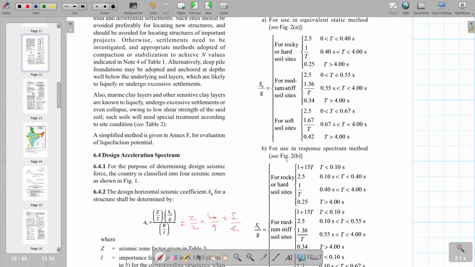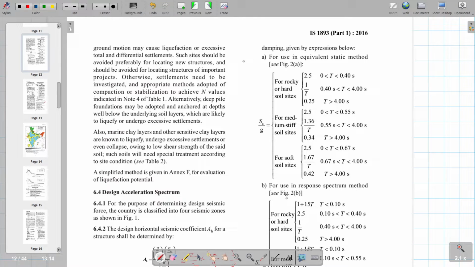On this page you will see these two parts, A and B. The B part is for the response spectrum method. We are not looking at this because we are following the equivalent static method, and we will see this only, because our site is medium stiff soil.